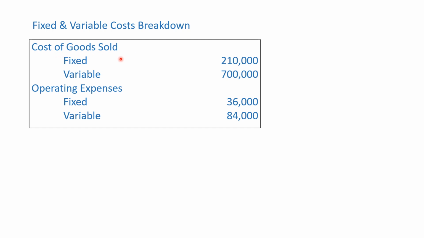Within the cost of goods sold, a certain portion is fixed, 210K. The remaining variable portion is 700K. Under operating expenses, the fixed portion is 36K and the variable portion is 84K. Please take note of this. Any questions so far?